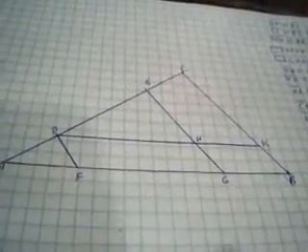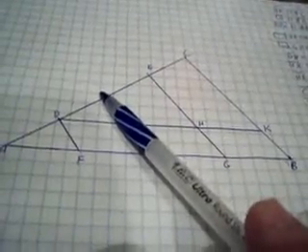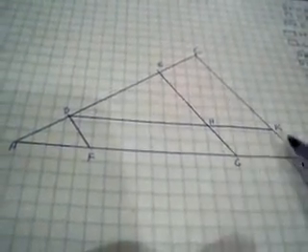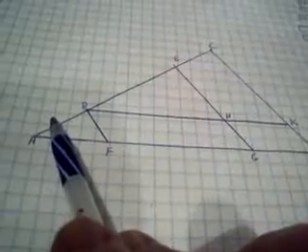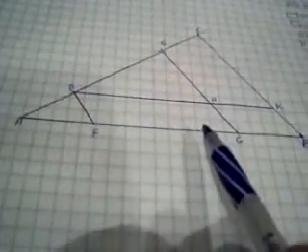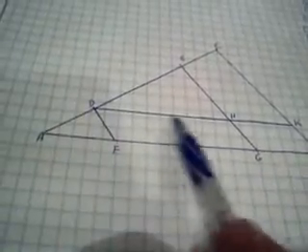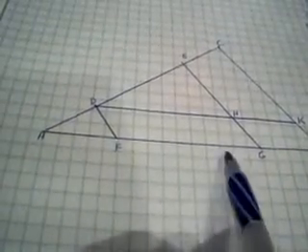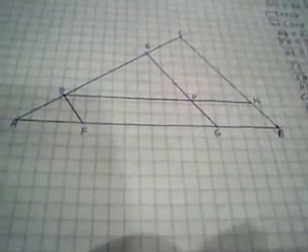Therefore, as CE is to ED, so is BG to GF, we already said that. And as ED is to DA, so is GF to FA. As this is to this, so as this is to that. Okay? Therefore, the given uncut straight line AB has been cut similarly to the given cut straight line AC.